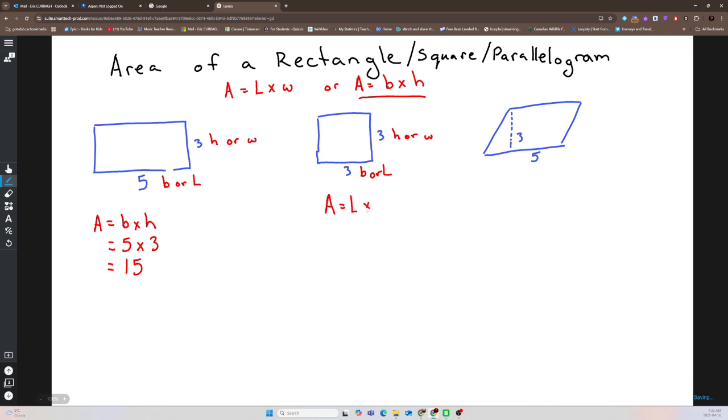Area equals length times width. We always write out our formula, and then we'll input it in. The base or length at the bottom, 3 times the height or the width of 3. 3 times 3. That gives us 9 units squared.